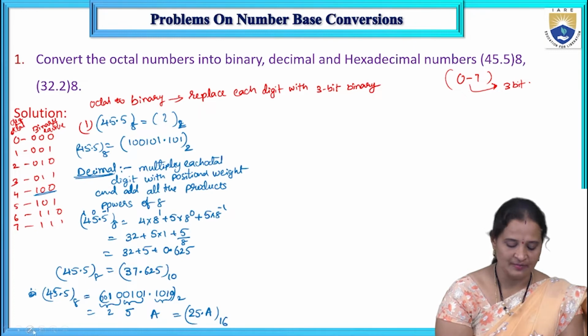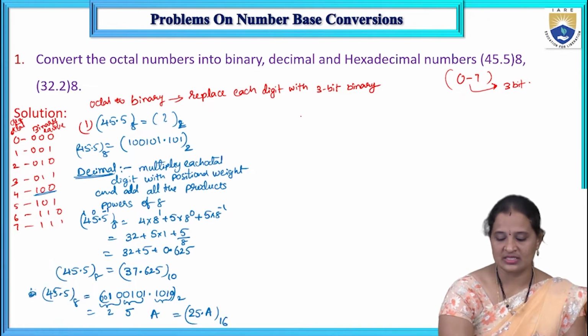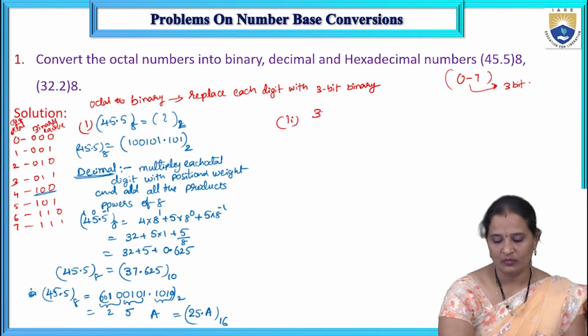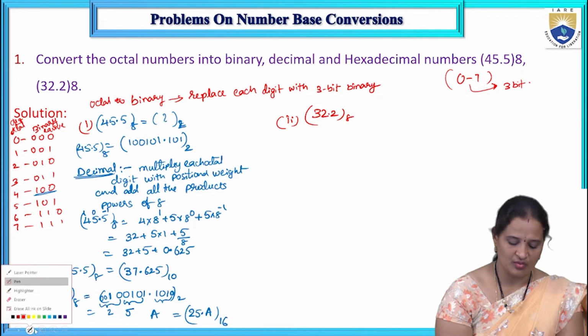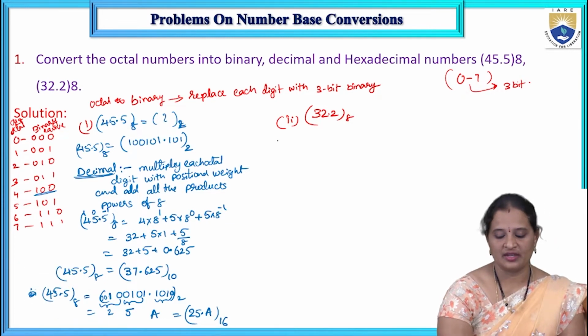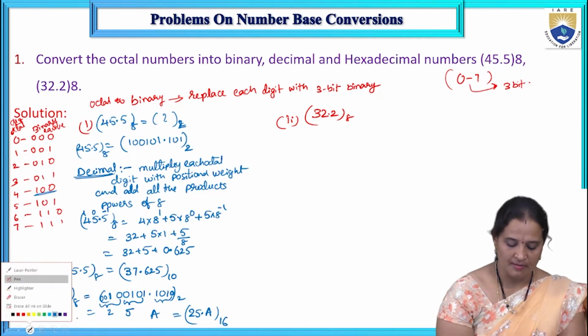Now let us take the second problem. So what is the second one? It is given, 32.2, which is an octal number. First I want to convert this into binary.